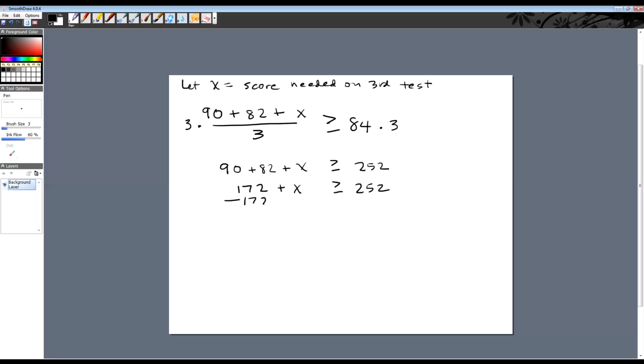Let's subtract the 172 from both sides. And what we're left with is X has to be greater than or equal to 80. So Hollis must get an 80 or better on the 3rd test in order for his average to be an 84.